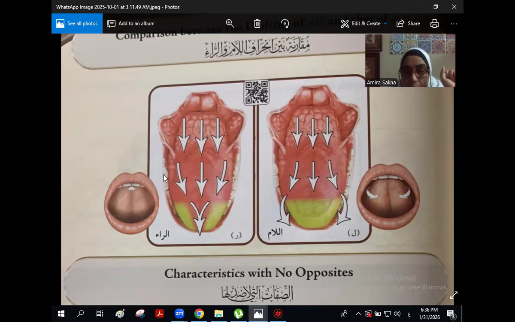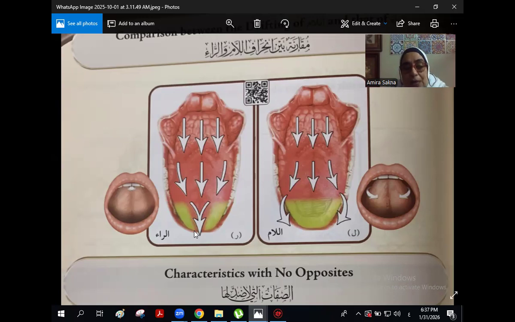And because of all this, the repetition will happen, because the sound will pass through a very narrow, very tight articulation point, which is this. When all the sound passes through this tight articulation point, the tip of the tongue will be trilled, but only once, not too much.